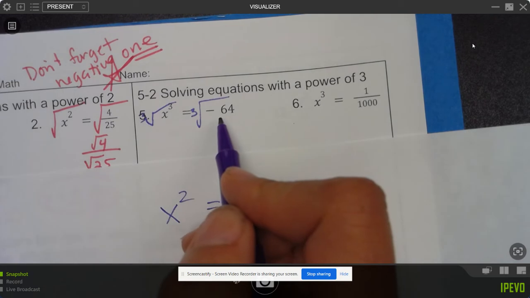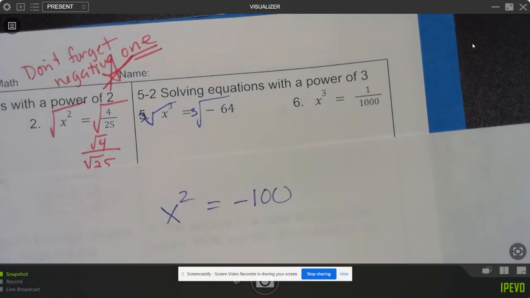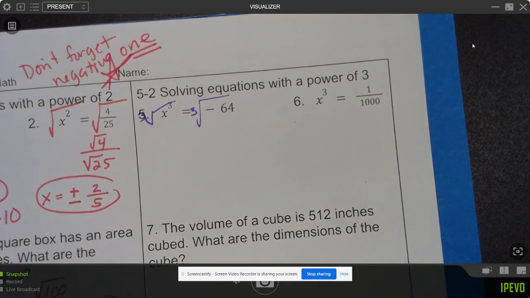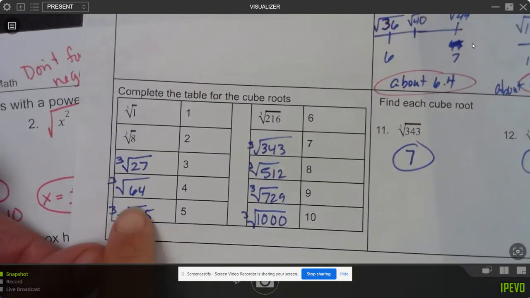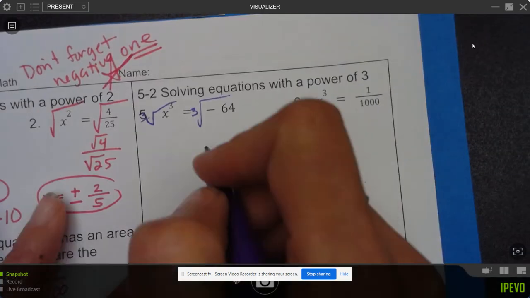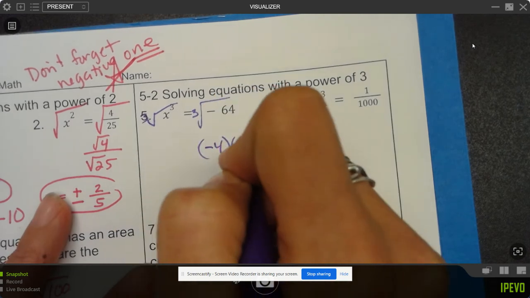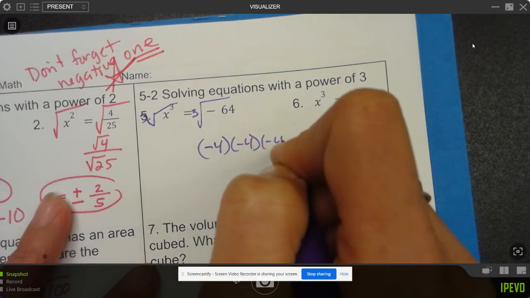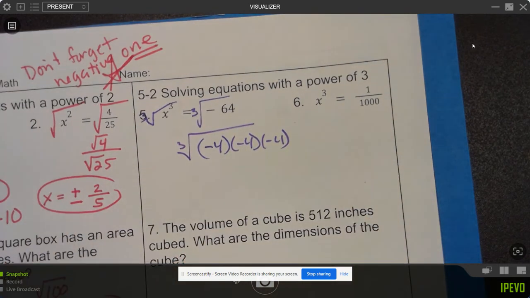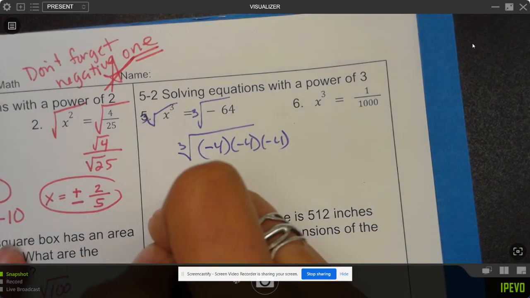There is a number that when you multiply it by itself 3 times, an odd number of times, does give us 64. So this would give us positive 64. So it's going to be the opposite of that. So negative 4 times negative 4 times negative 4 is negative 64. So the cube root of it is negative 4.